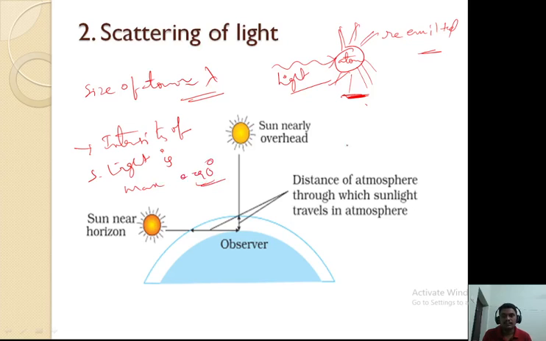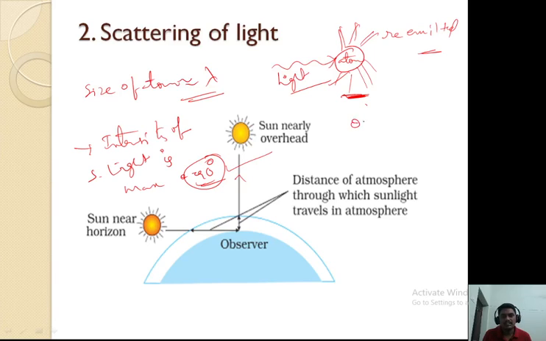When you see the scattering perpendicular to the sunlight rays, you will see the maximum intensity of scattering. If the angle of view changes, the color of the sky also changes, so it looks a dull blue. The intensity is maximum at 90 degrees.